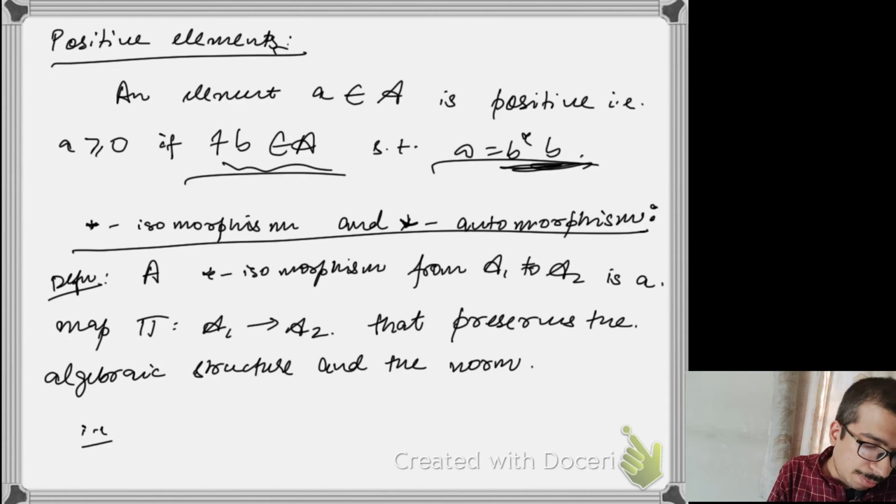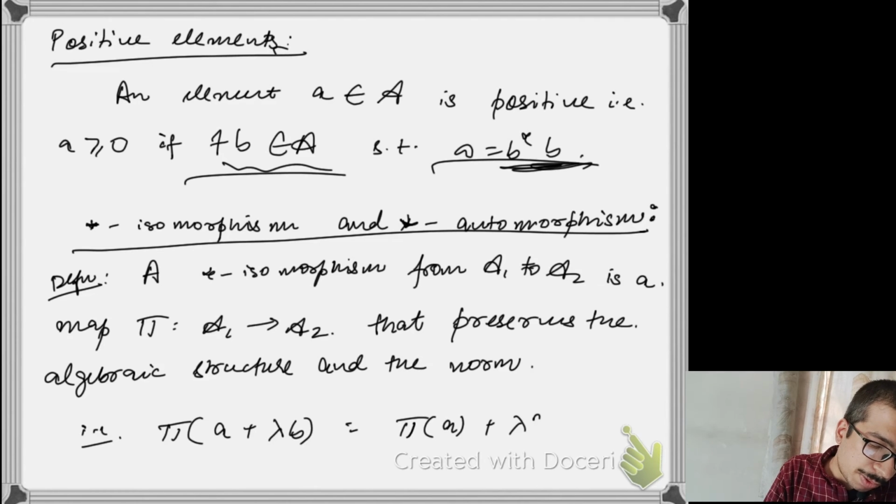So what it essentially means is that pi of a plus lambda b must be equal to pi a plus lambda times pi b, okay, and pi of ab must be equal to pi a times pi b.